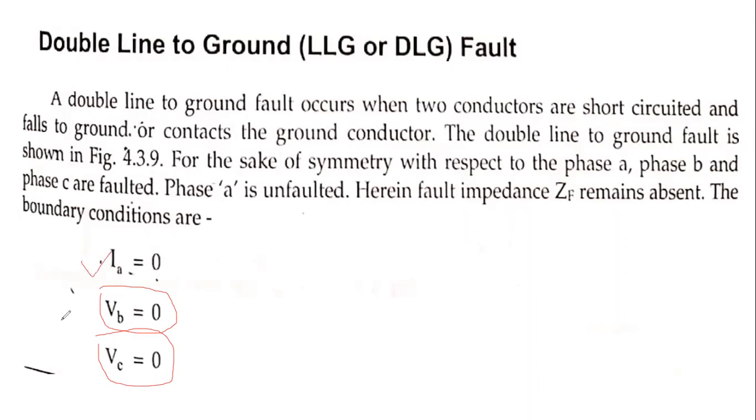Therefore IA is equal to 0, VB is equal to 0, and VC is also equal to 0.